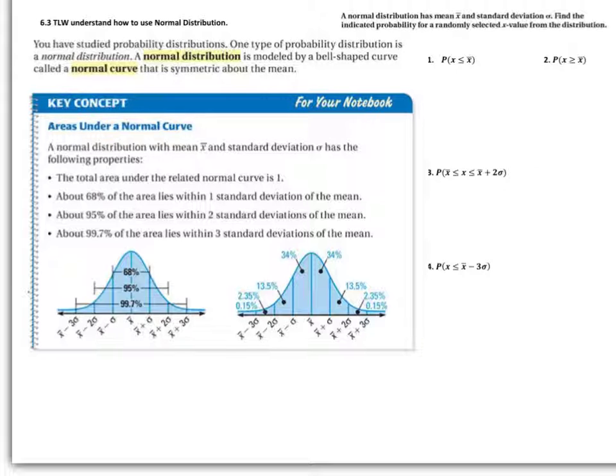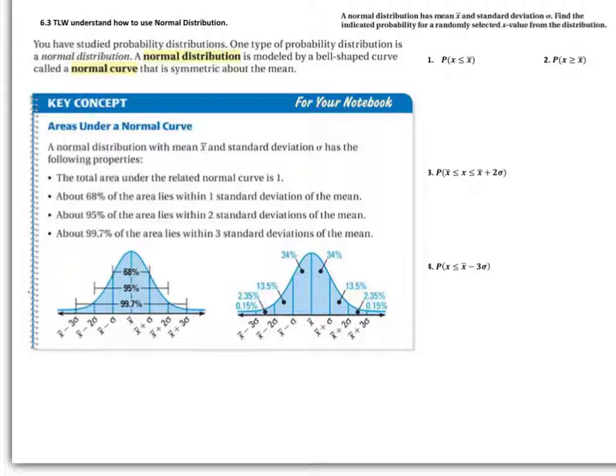So let's look at some problems here. A normal distribution has a mean x and a standard deviation. Find the indicated probability for a randomly selected x value from the distribution. We want the probability that we are going to be less than the mean.